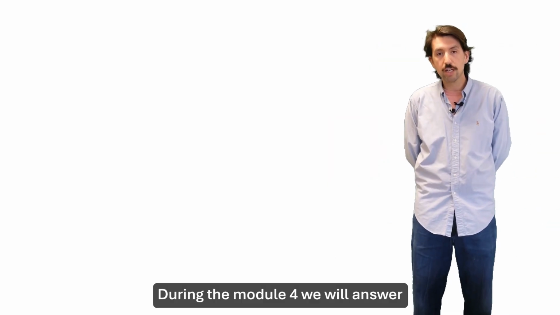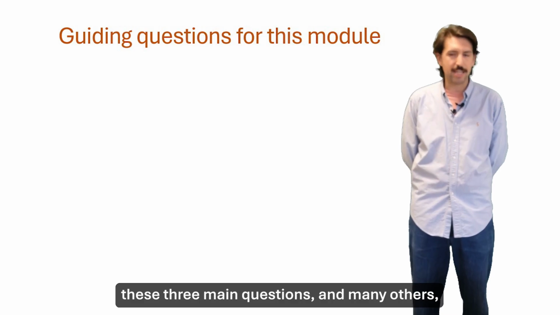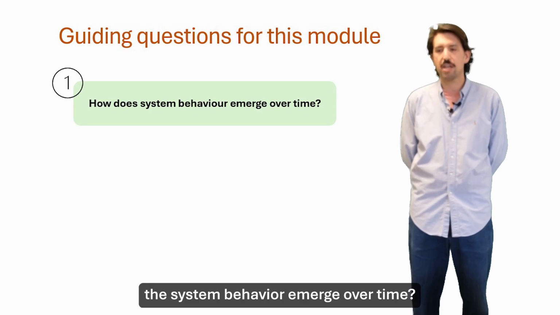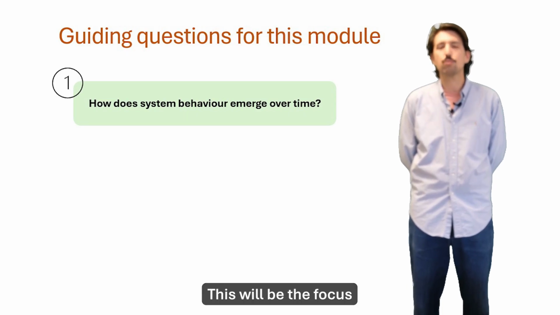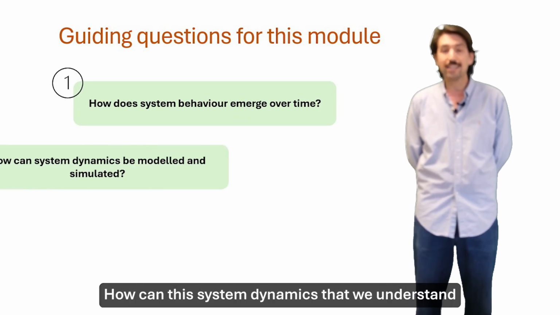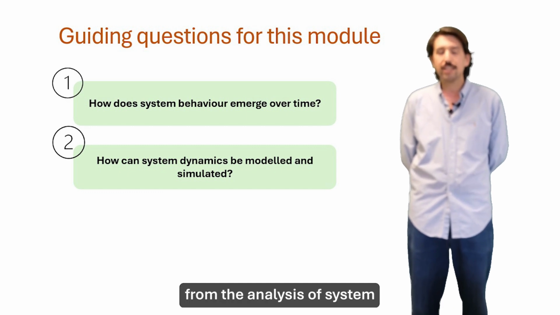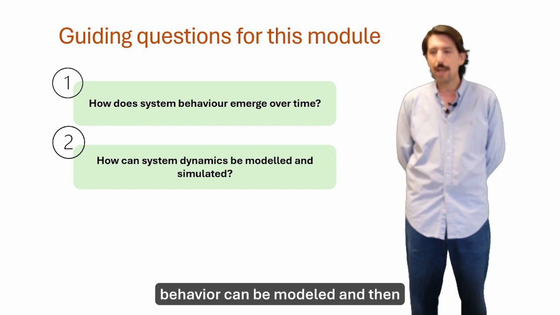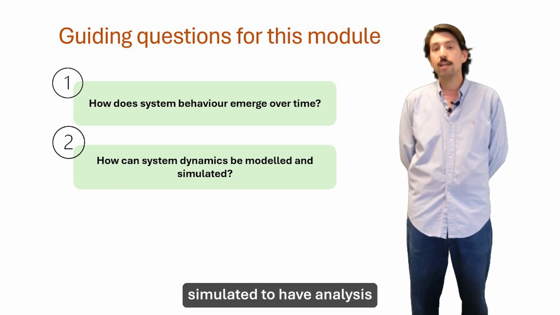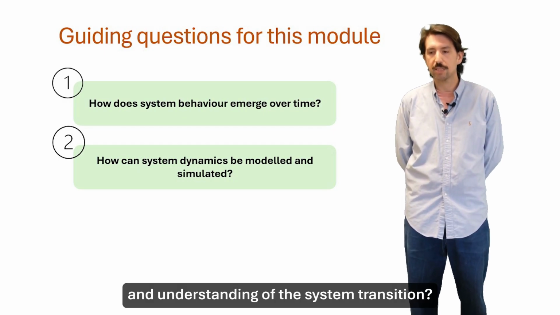During Module 4, we will answer these three main questions and many others, starting from how does the system behavior emerge over time. This will be the focus of Unit 1 of this module. How can this system dynamics that we understand from the analysis of system behavior be modeled and then simulated to have an analysis and understanding of the system transition?